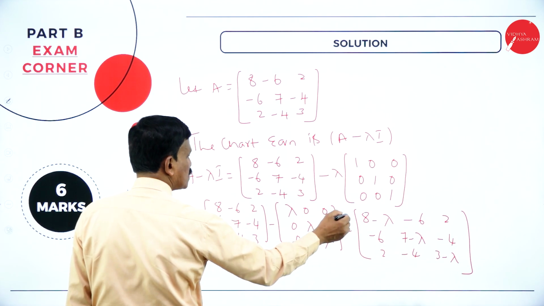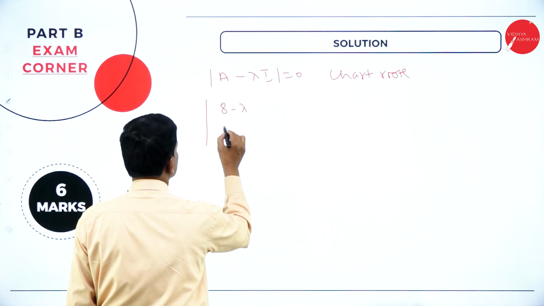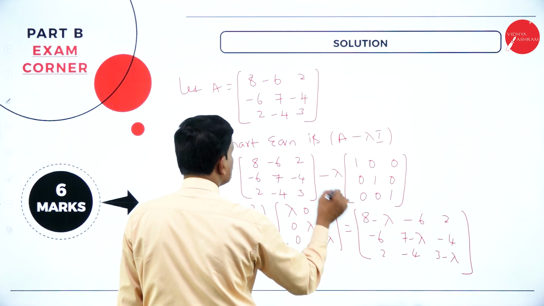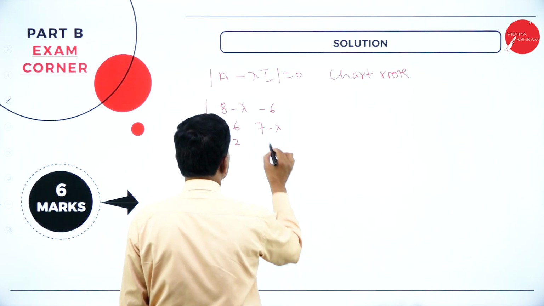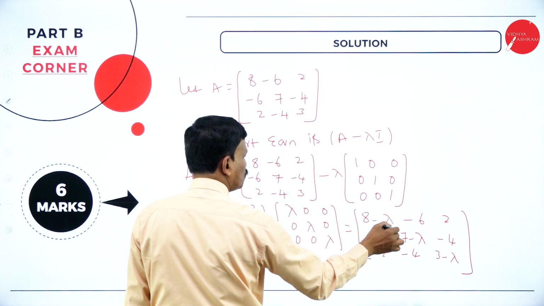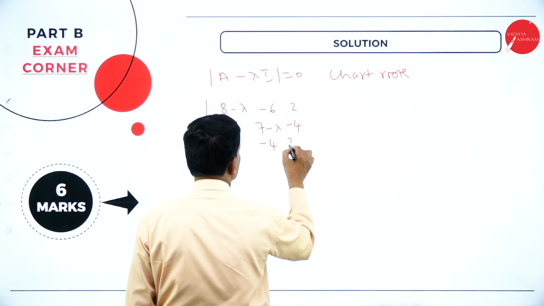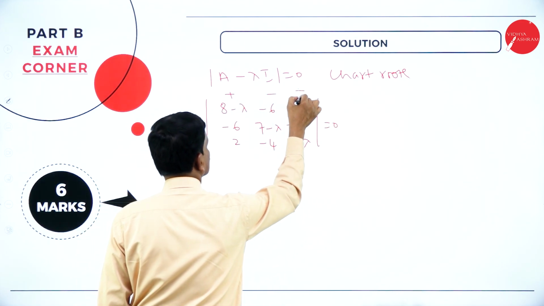What is the determinant of this? |8-lambda, -6, 2; -6, 7-lambda, -4; 2, -4, 3-lambda| is equal to 0. Expand with plus, minus and plus.